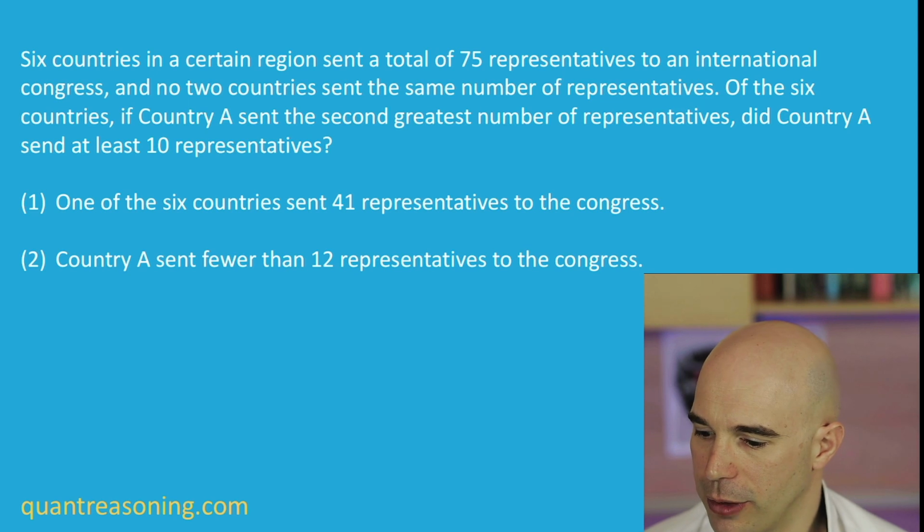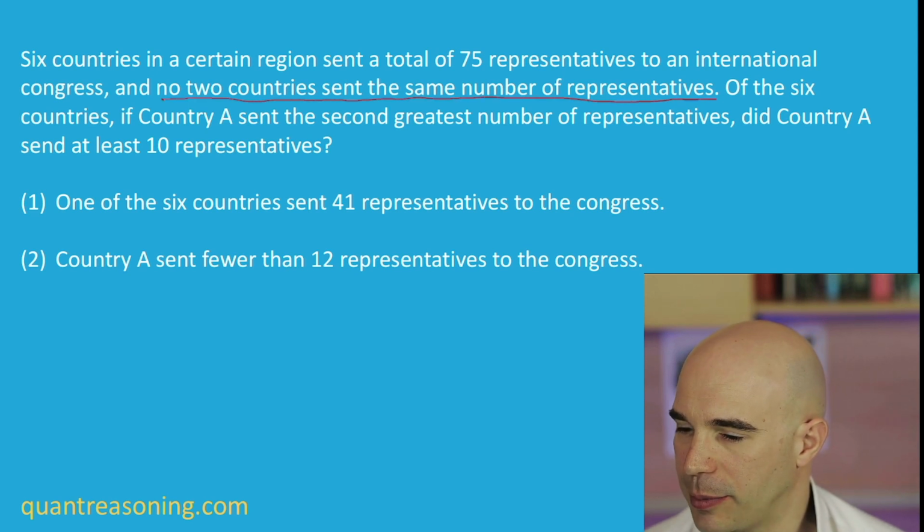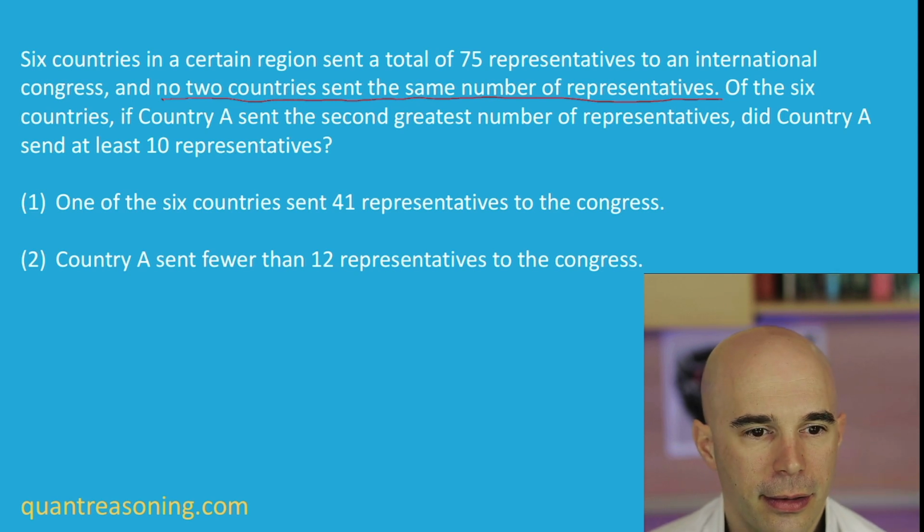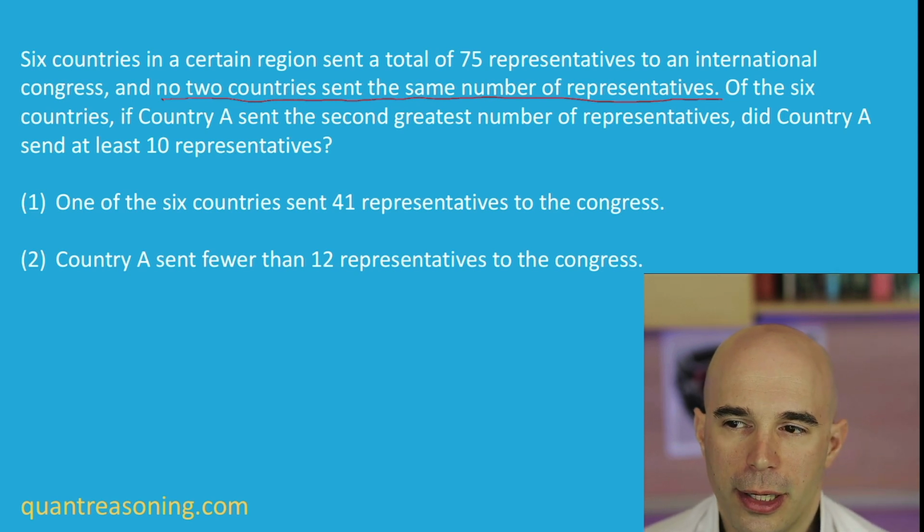I think one of the most important parts of this question is this part that I'm underlining here. That implies that we're looking at the sum of 6 different positive integers. And that sum is 75.